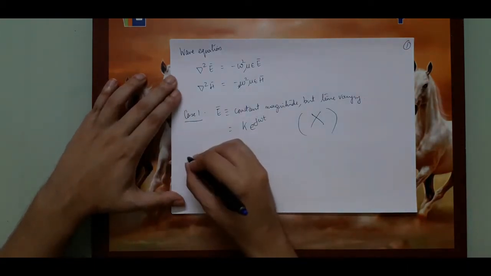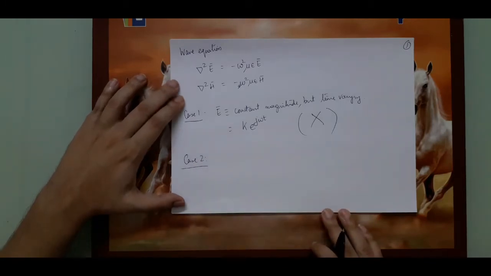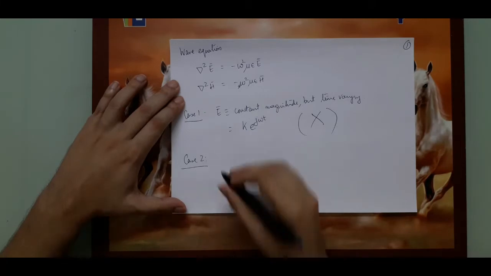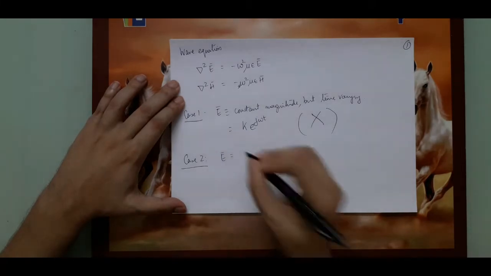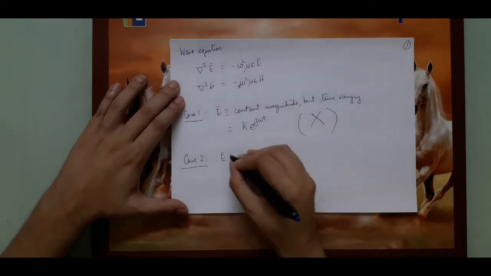Now let us take case 2. One possible nature of the electric field vector could be that it will exist only along one axis and be a function of that axis.